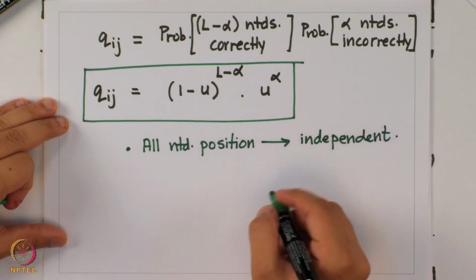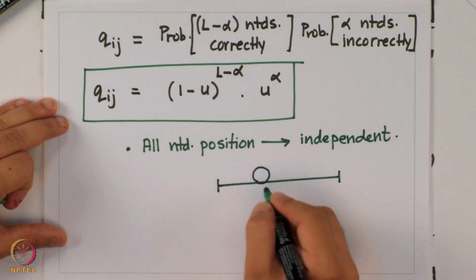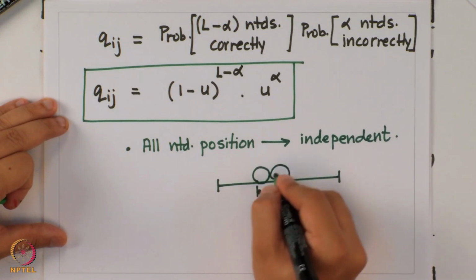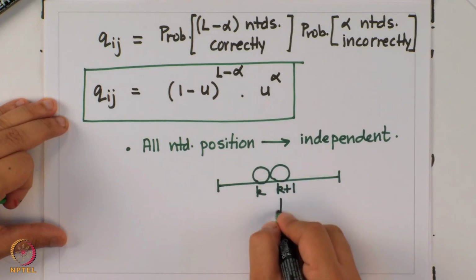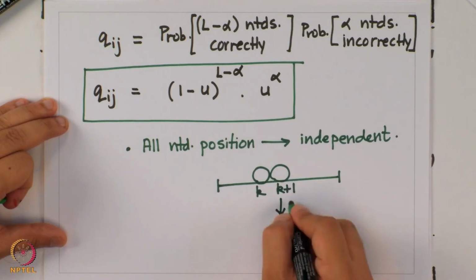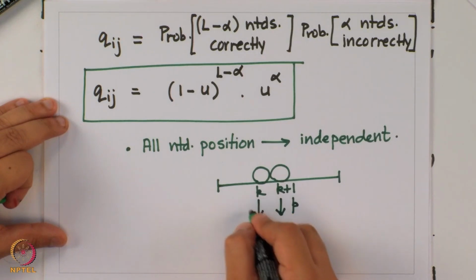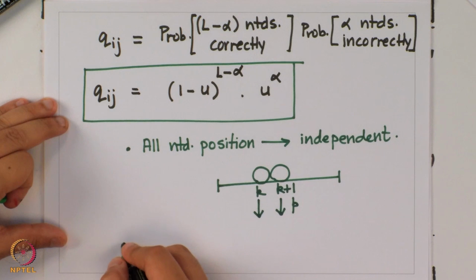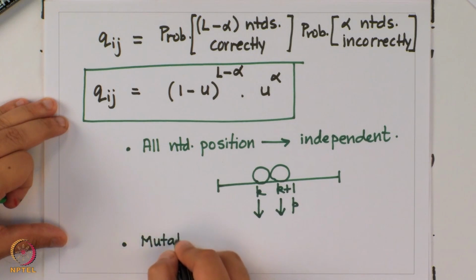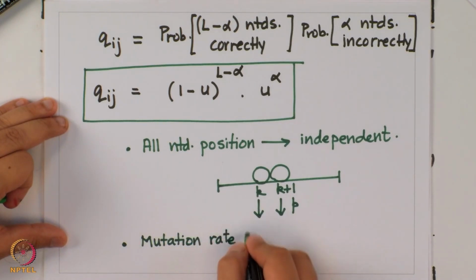So, if this is the length of the DNA, this is position k, this is position k plus 1, whether an error is made while copying k plus 1 is independent of whether an error was made here or not. These are independent events. The second assumption that we have made here is that the mutation rate is constant throughout.